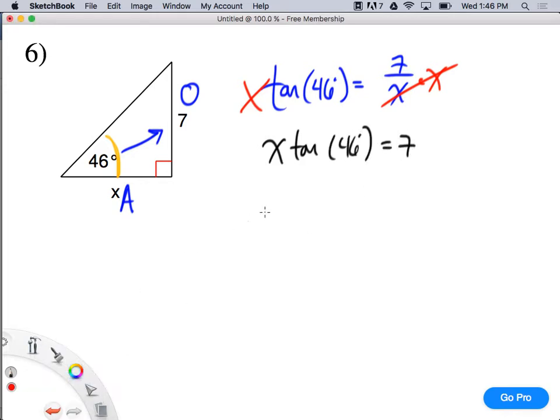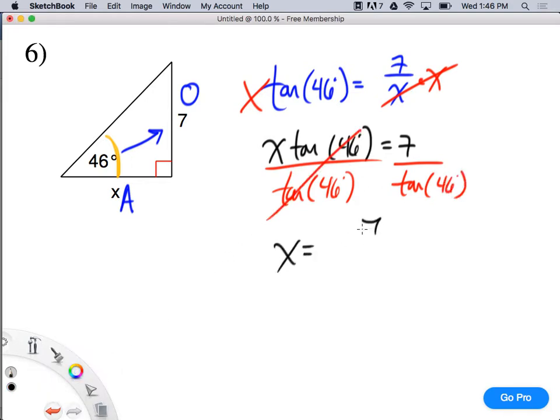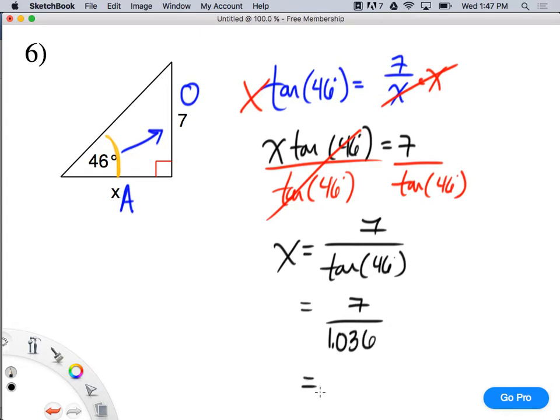What do I do now, class? Divide by tangent of 46. And I end up with x equals 7 over tangent of 46 degrees, or 7 over 1.03565, whatever, 1.036, dividing that fully, 6.76.